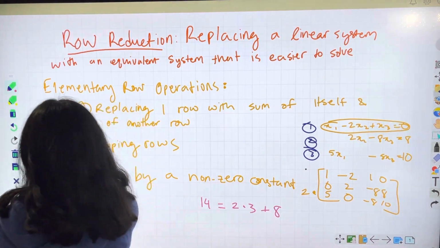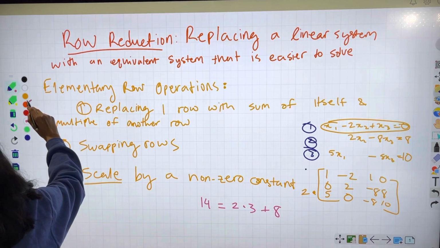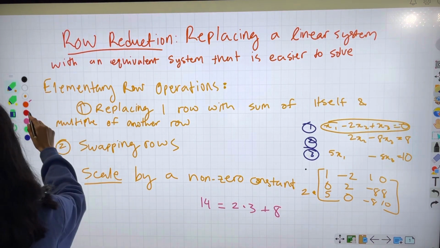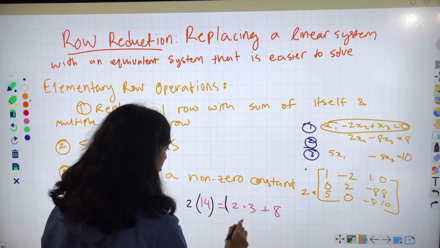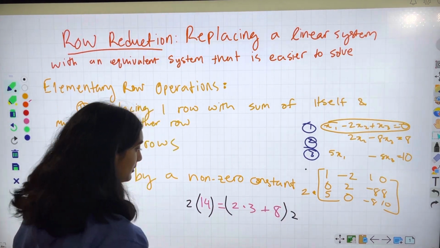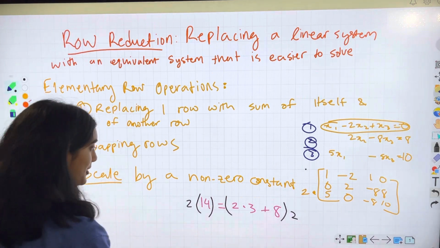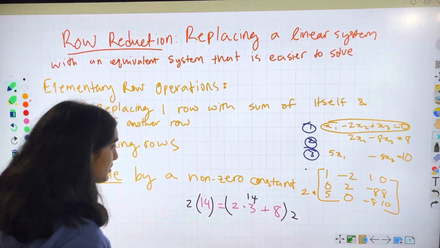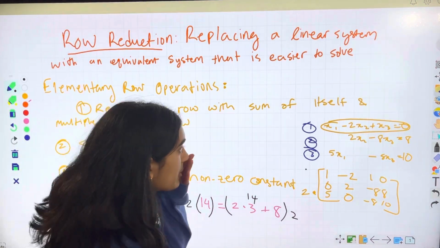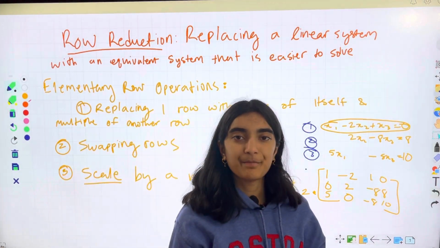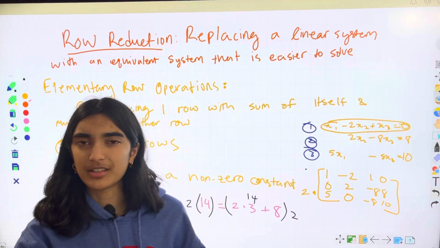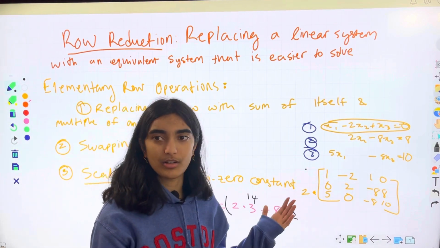When you multiply one side by 2 and the other side by 2, this is 14 times 2 equals 14 times 2. Same with equations. We have 2 things equal to each other, and you're multiplying them by the same number. They're obviously going to be the same, right? As long as it's non-zero.